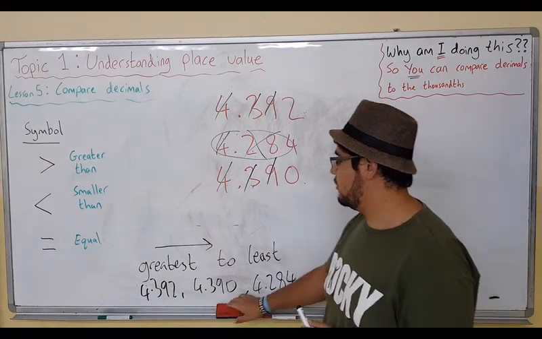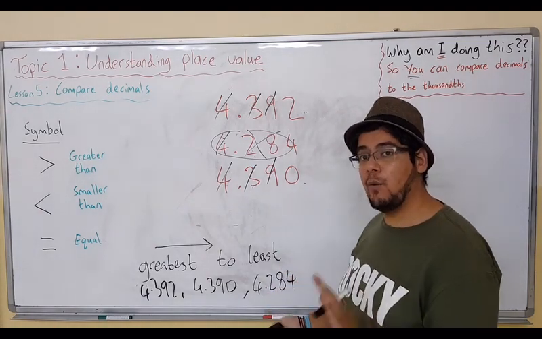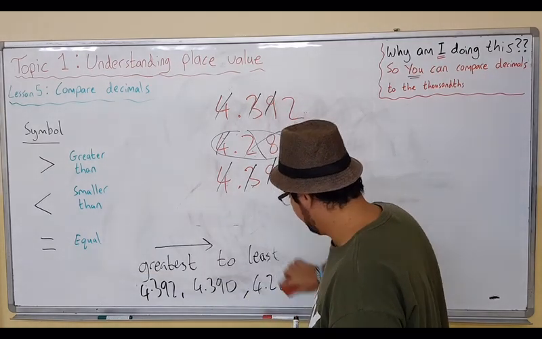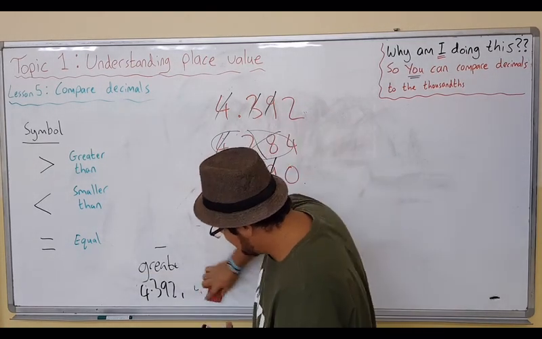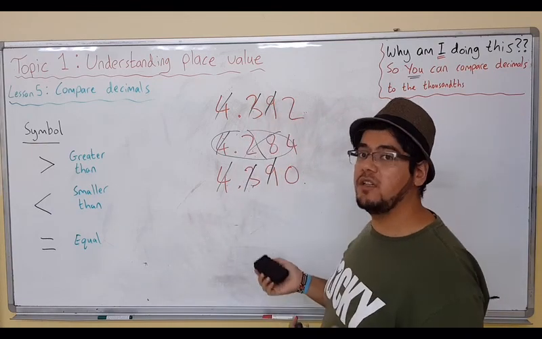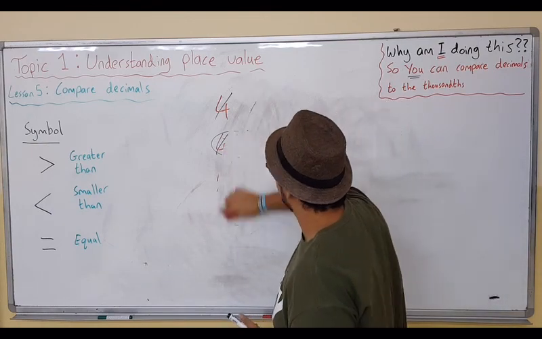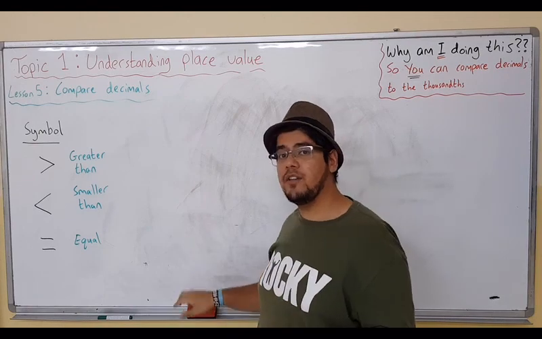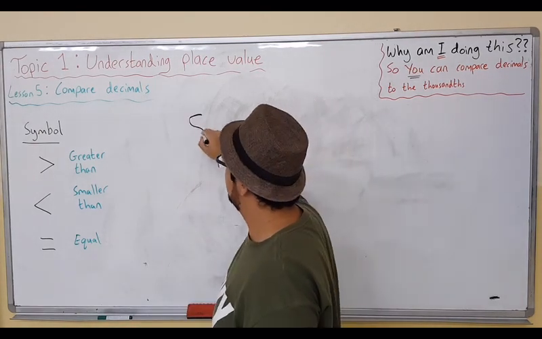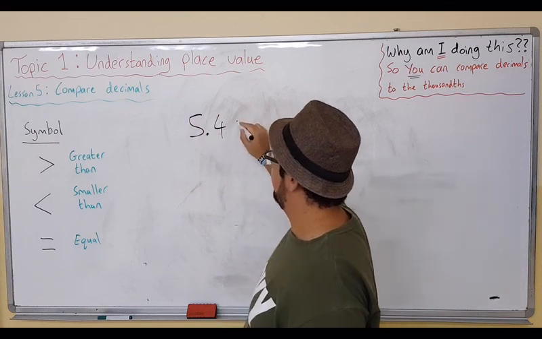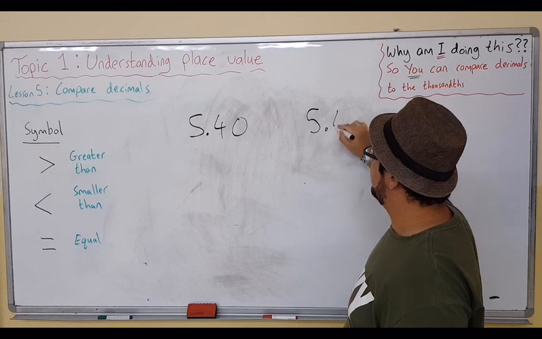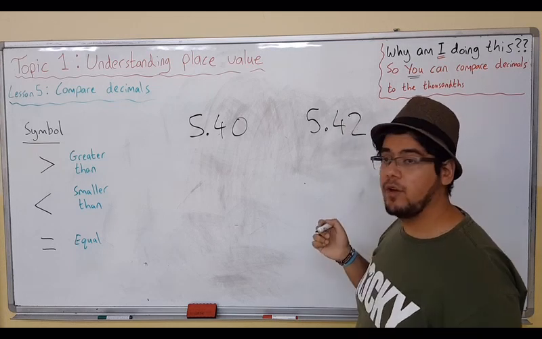Okay? So, the last thing I want to show you is now using these symbols. Okay? So we have this method, this technique, this way, to see which is the bigger decimal, right? So now, what if the question asks you, which number is bigger? 5.40 or 5.42, okay?